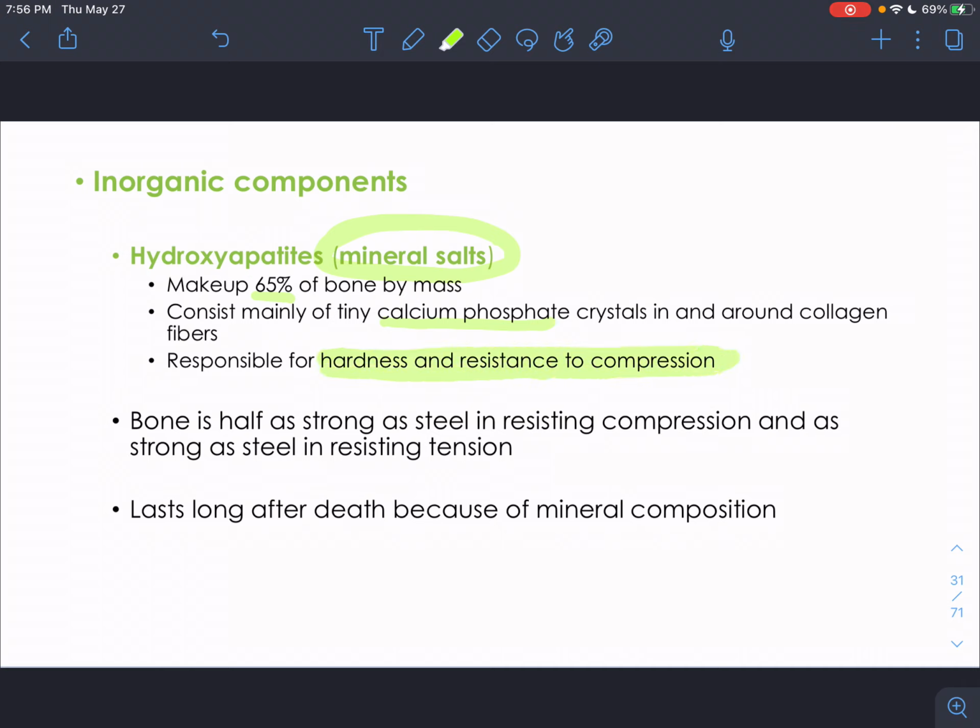So the bone's hardness is from the inorganic compounds, these mineral salts. The organic compounds, remember, with the collagen fibers, allow more flexibility in the bone, which you don't think of bones as flexible, but it allows more tensile strength. Inorganic components make it harder and resistant to compression.